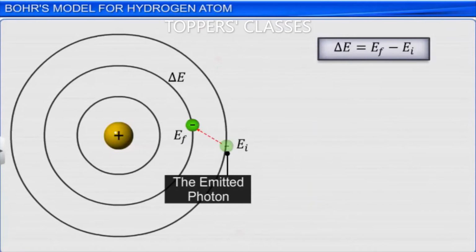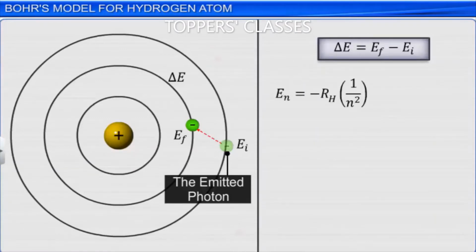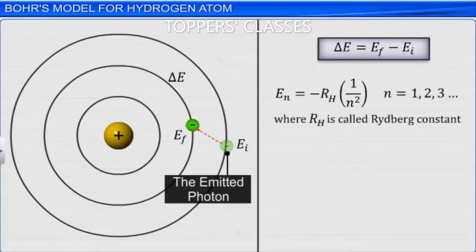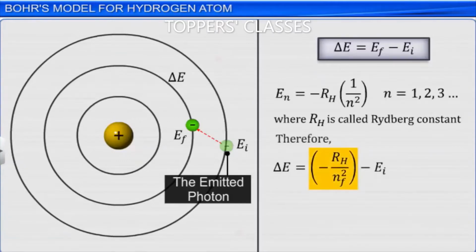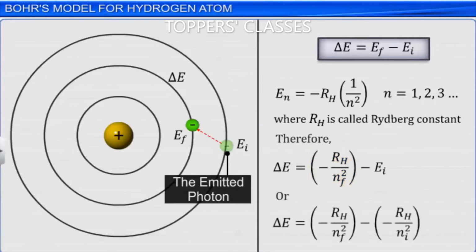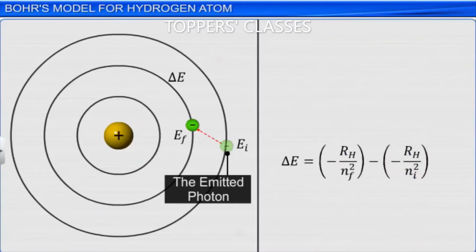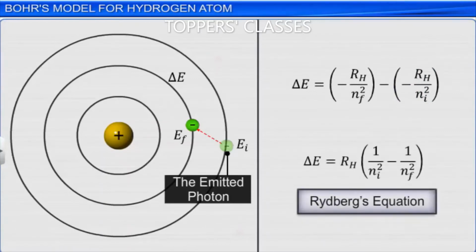Since the energy of a stationary state is given by the equation E_n equals minus Rydberg's constant multiplied by 1 divided by n square, we can substitute E final in the energy change equation by minus R_H divided by n final square, and E initial by minus R_H divided by n initial square, to get an equation similar to the expression used by Rydberg.